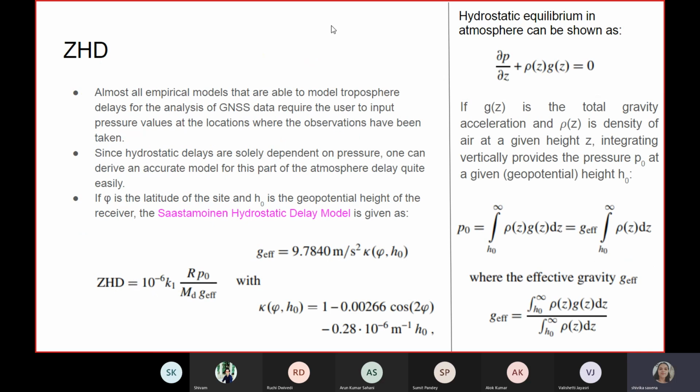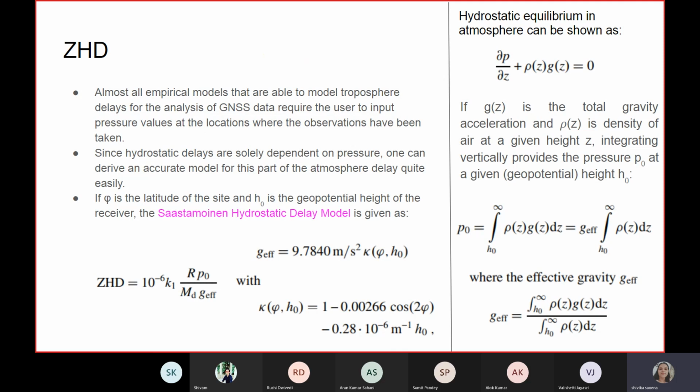So again, what types of delays are there? If we summarize, there are two types of propagation delay. One is ionospheric delay, another is tropospheric delay. When we go into the tropospheric delay, we have two parts, the dry and wet parts.